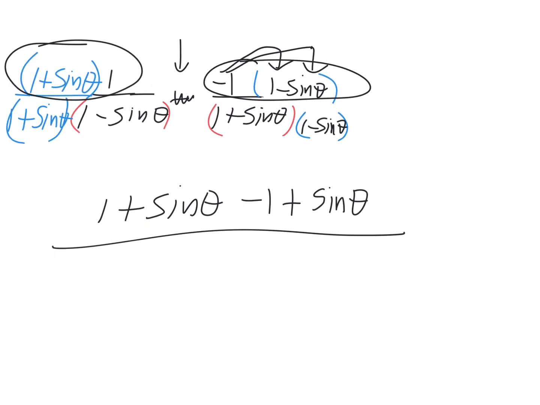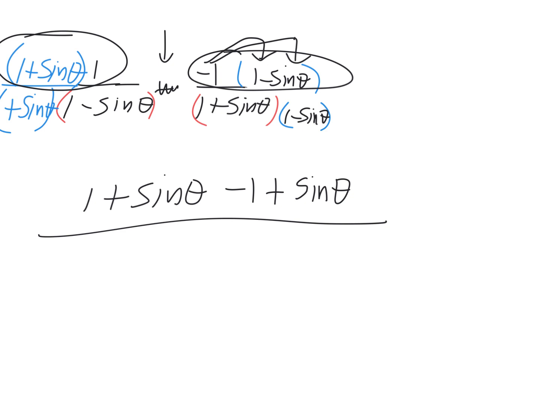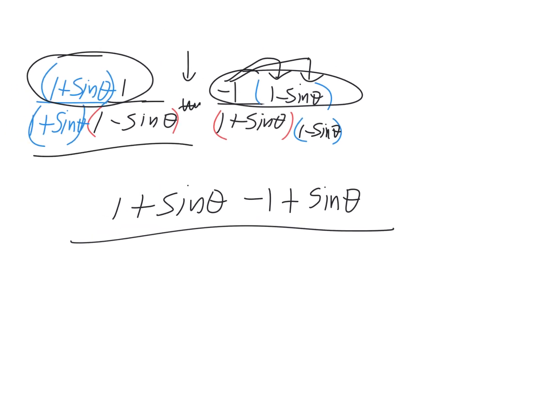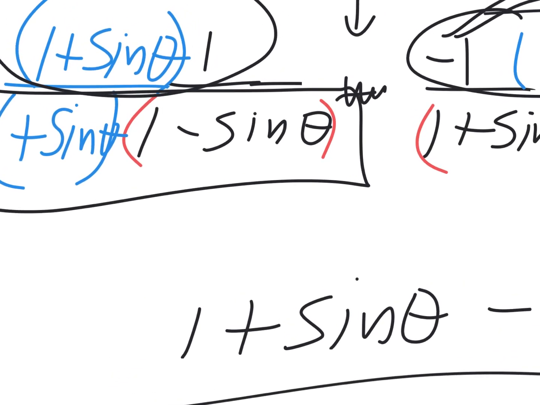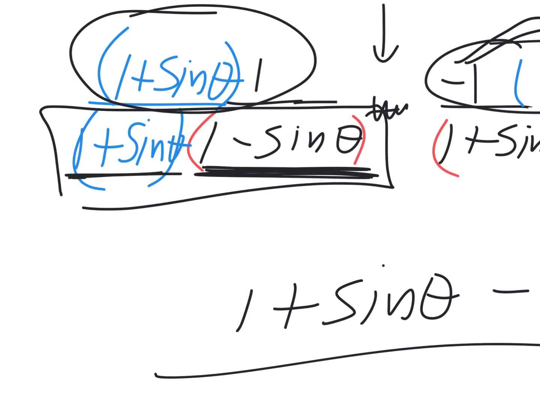Okay. So, on the bottom, I have this, which you could leave factored, but nothing is going to cancel. So, I'm going to multiply it all the way out. If you didn't know that, this is a special kind. It's called a conjugate, where there's 1 plus sine and there's 1 minus sine.